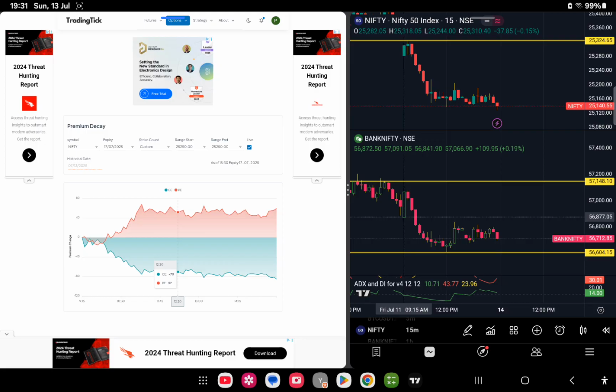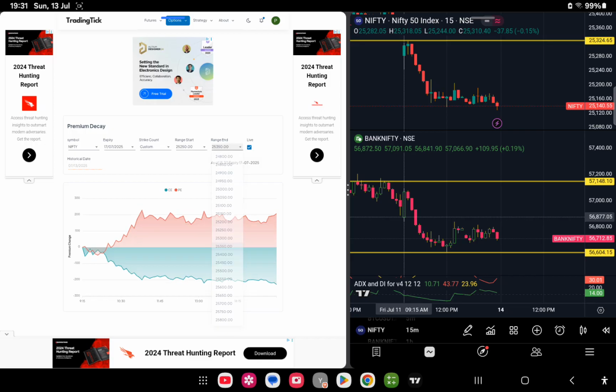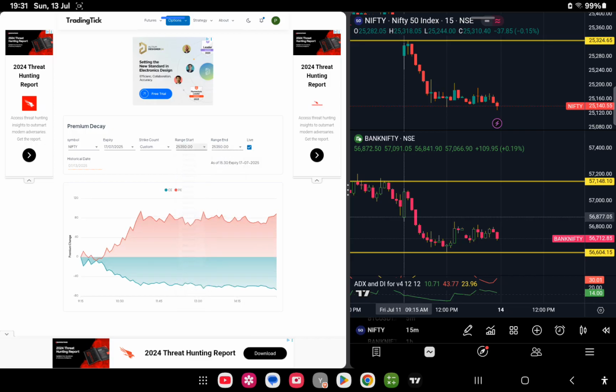This is very common, that the sellers will be on the correct edge to get the profit from the market. Now we'll slightly take the 350 range, two strikes apart, and here buyers are in the profit. Why? From exactly 11:10, or we can say 10:45 onwards, the buyers came into profit because the market was starting to fall.